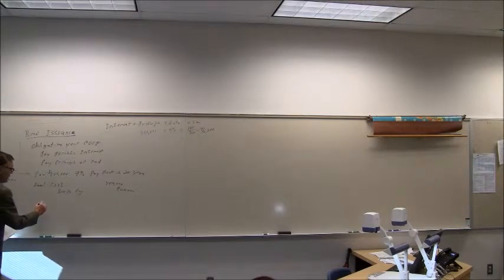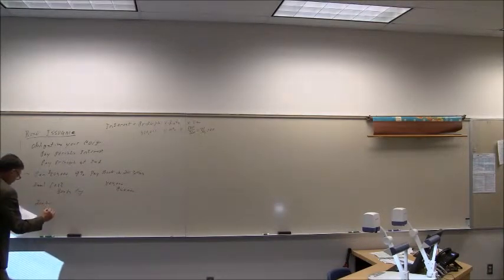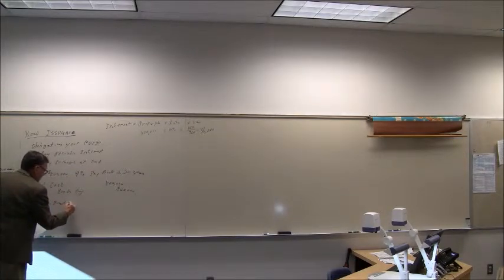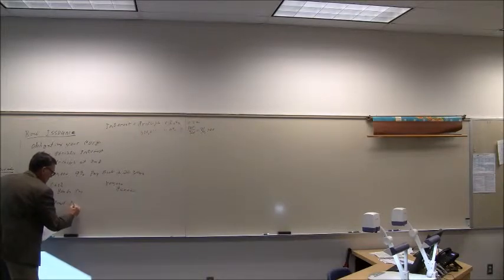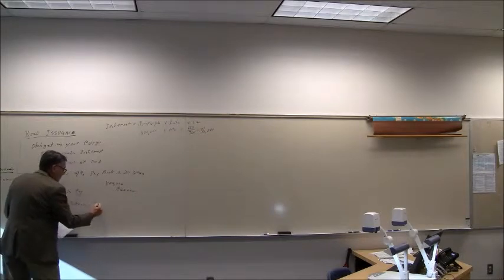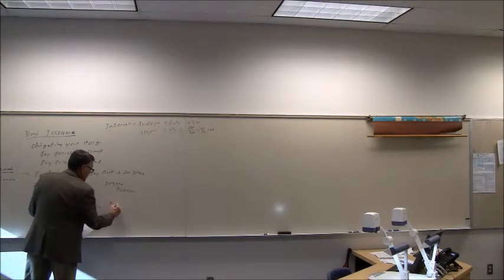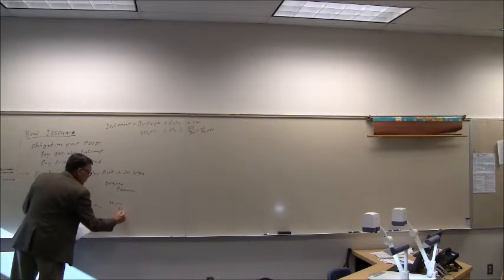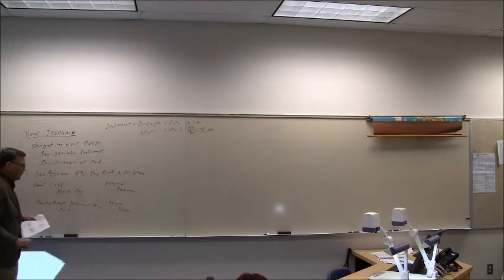So June 30th is 6 months later. You're going to debit bond interest expense for the $36,000, and you're going to credit cash for the $36,000. You do this every 6 months for the life of the bond.